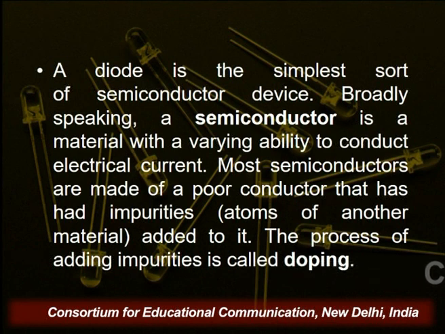Most semiconductors are made of a poor conductor that has had impurities added, atoms from other materials are doped into it, and the process of adding that material is known as doping. So doping is the adding of different materials to make it a conductor.